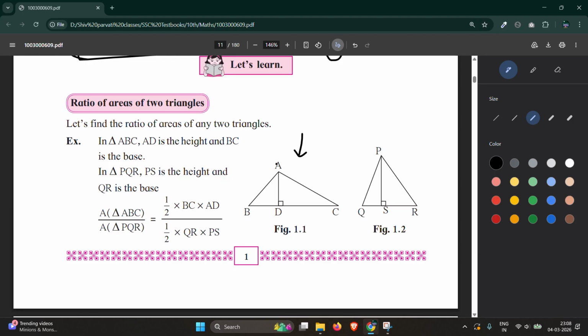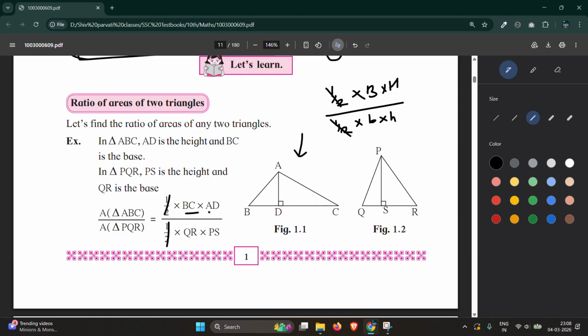Since we know that the area of a triangle is just half into base into height, and let's say there is another triangle with its area half into small b into small h. Since we are dividing this, we can just cut this half.